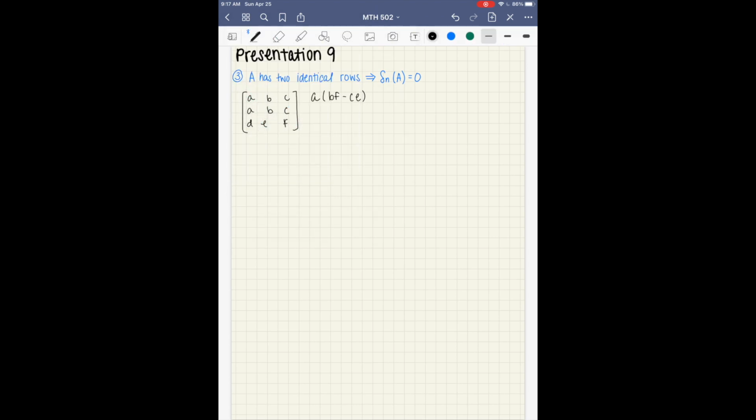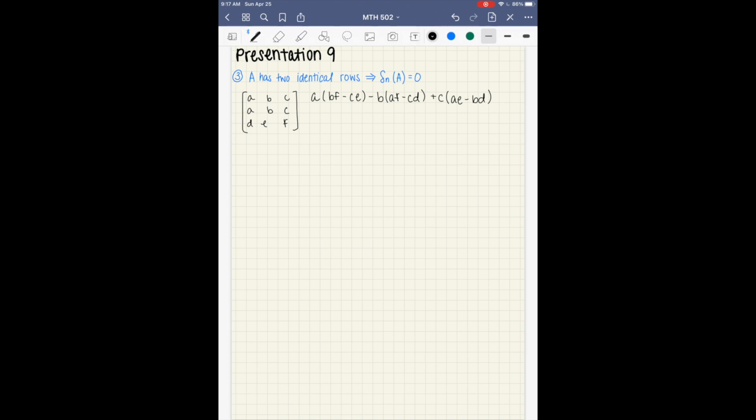Now we do this using B, and now we end up using A, D, and C, F. We alternate with our signs, so this one would be a negative. And then we finish it off with the last one. So this is how you find the determinant of a matrix.